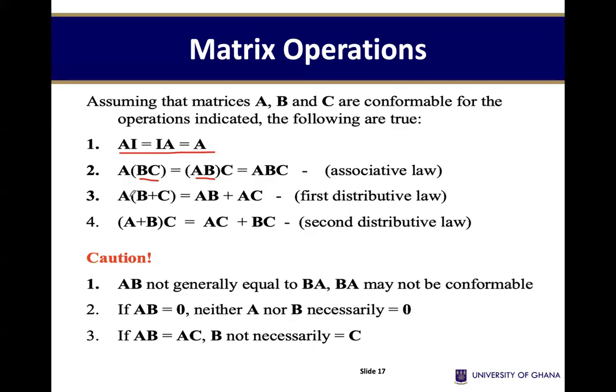Then we can look at the first distributive law, which basically deals with adding B and C: before you add the B and C, you first distribute the A over the B, which will give you AB. Then also distribute the A to the C. That will give you what? AC.